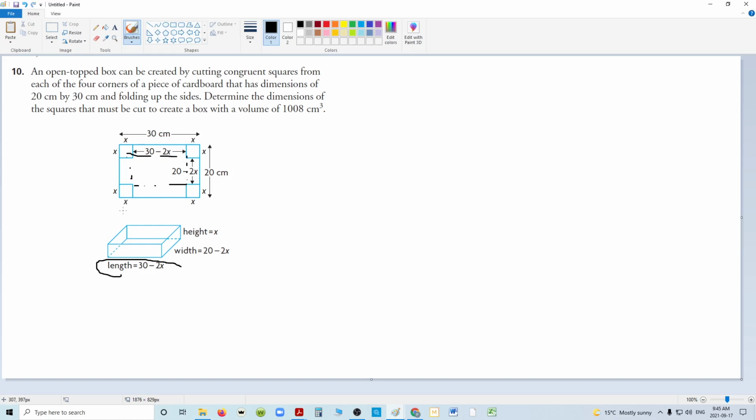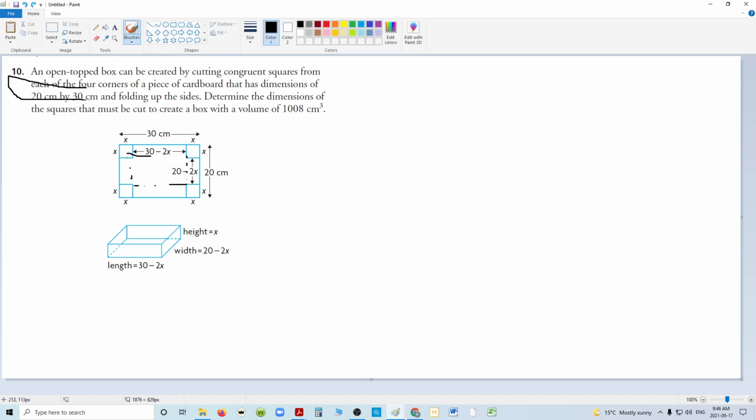The box has a length of, the full length is 30, but you have to subtract 2 x's. So that's how they get 30 minus 2x. The width is here. The full width is 20, but you have to subtract 2 x's. So you get 20 minus 2x. And of course the height, when you fold this flap up, it's x high. So it helps to really understand how to transfer words individually.